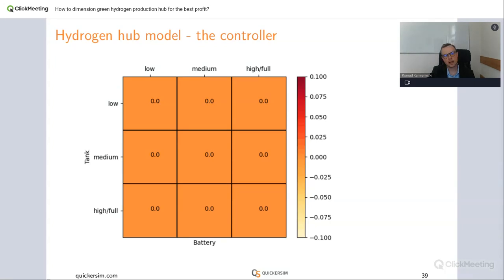For example, if we have low battery and low hydrogen tank, this is the scenario where we can buy power from the grid as we want to continue producing the hydrogen. If we have, for example, high battery and high tank, this is the case where we have too much energy in the system and we can start selling energy from renewables to the grid. And we have some situations between, but we will not go into details, it is not very important at this stage to get an idea of what we are doing.